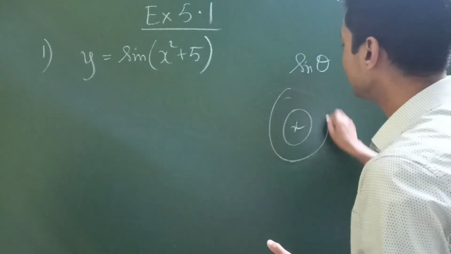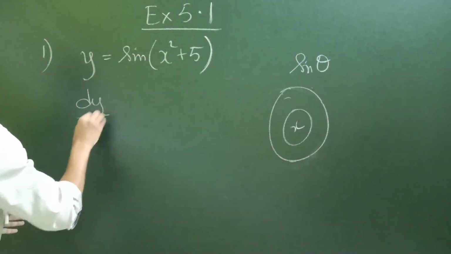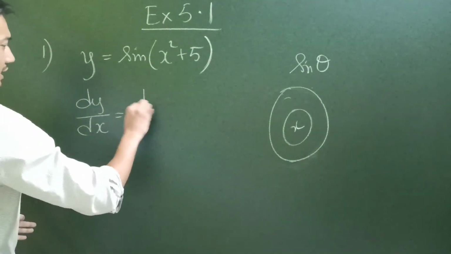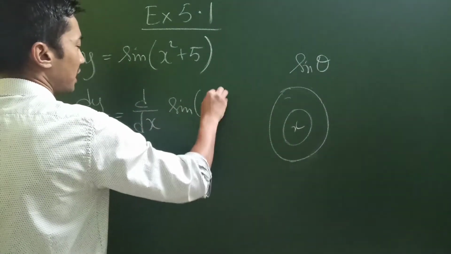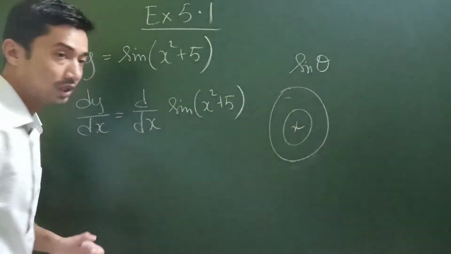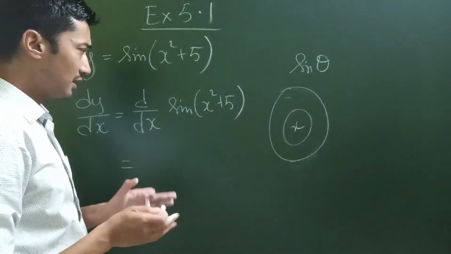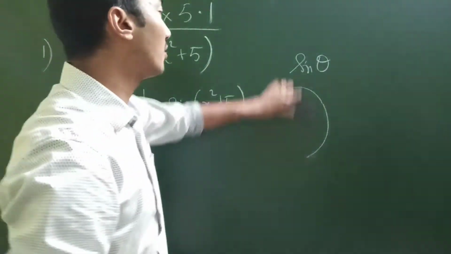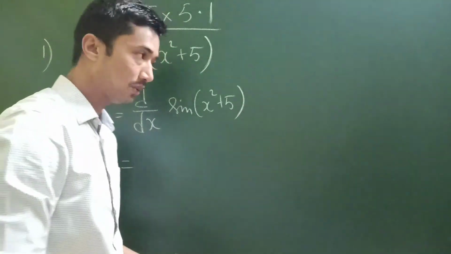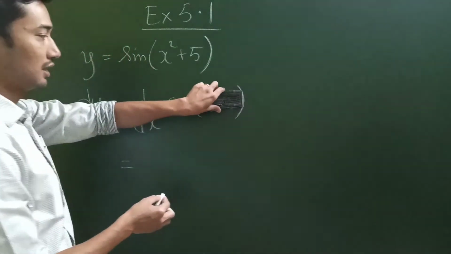So we have identified the function, so we will straight differentiate dy by dx. Let me just start slowly and then we are going to pick up the pace slowly, just like a diesel engine. Now when I start differentiating, the concept is this. We are going to assume that this is theta.